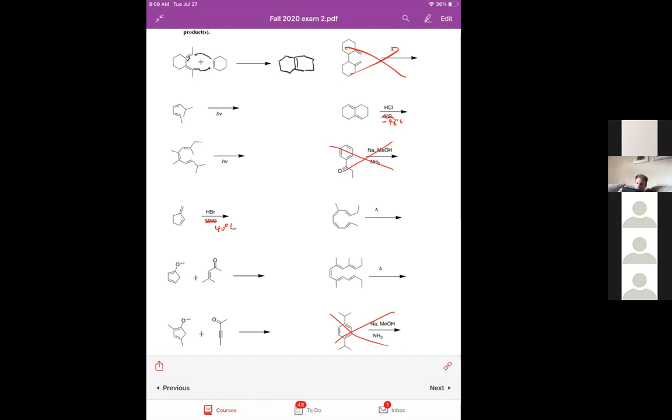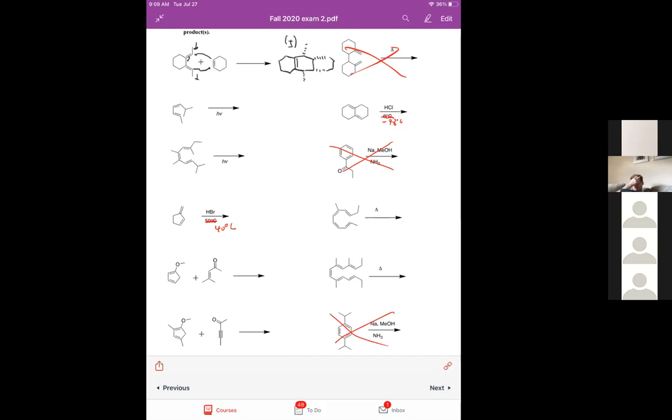The dienophile portion should end up going downward. And then these 2 methyl groups are on the outside, so they're also going to end up downward and should give you this structure here.